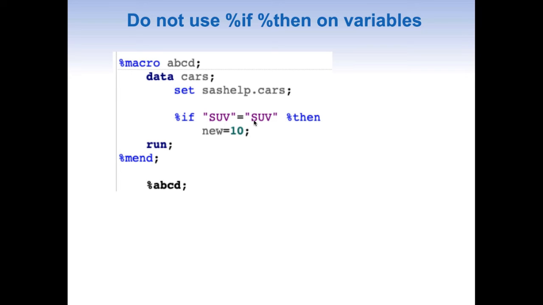As SUV equals SUV, this percent then will generate this new equal to 10, and then data car set sashelp.cars new equal to 10 run, these statements are created and the SAS compiler understands them and executes the code and a new variable is created.